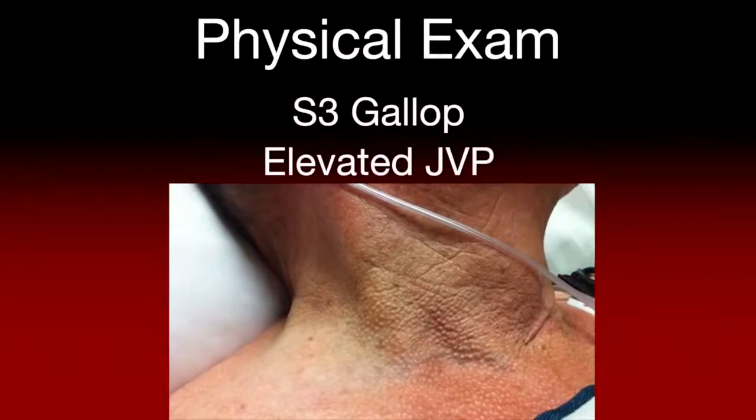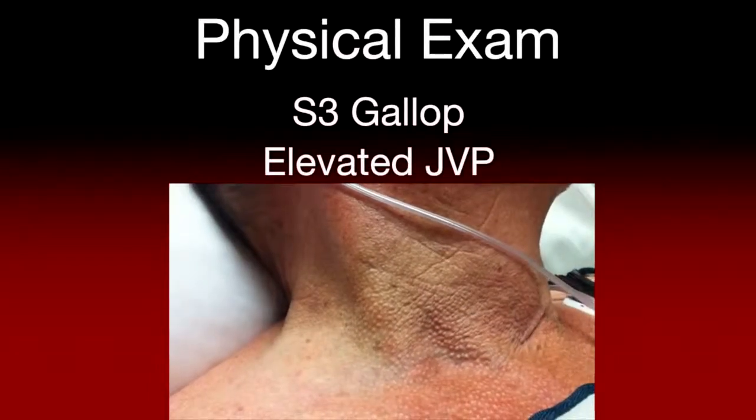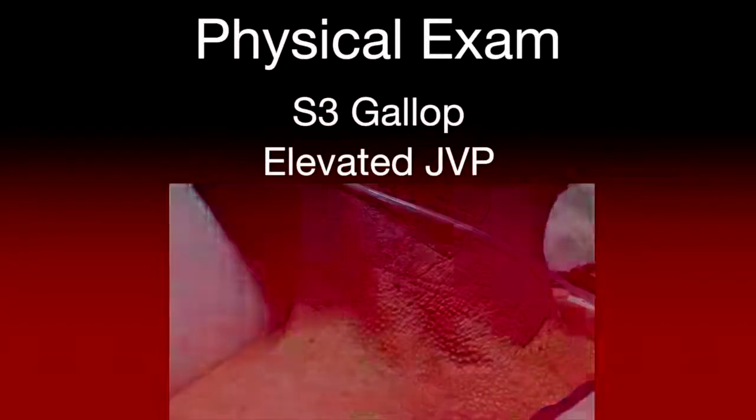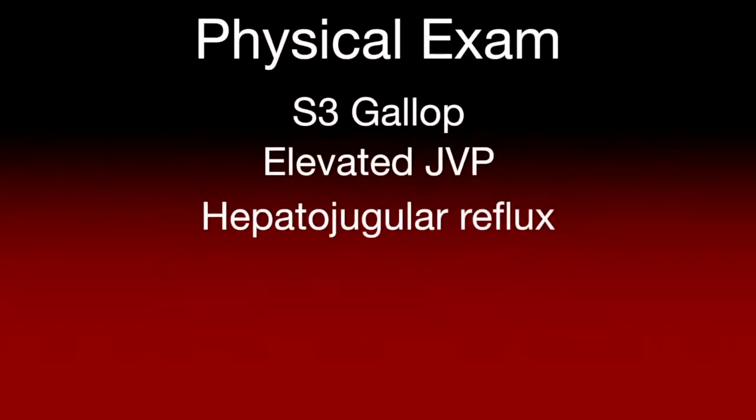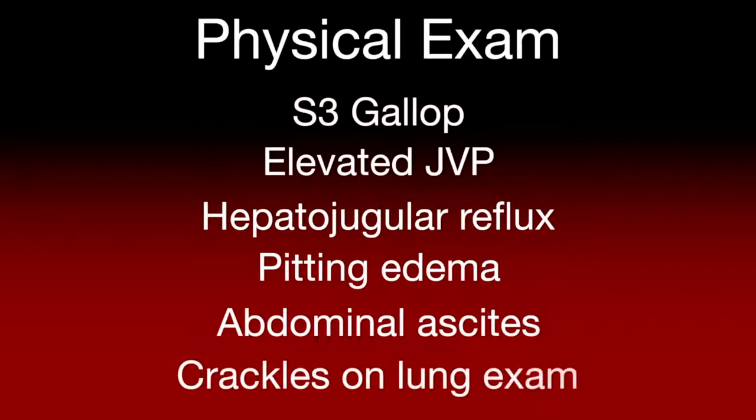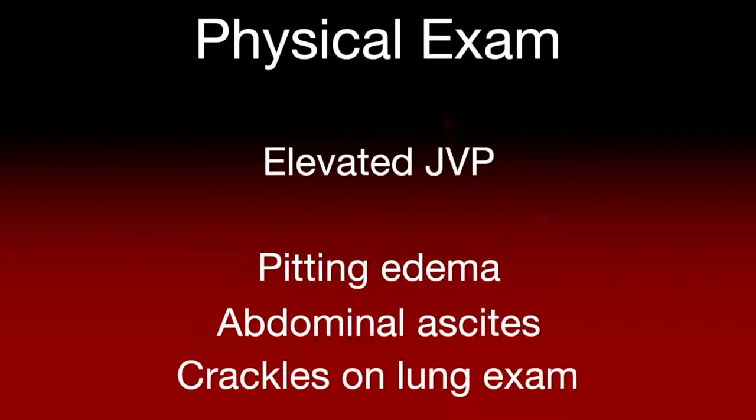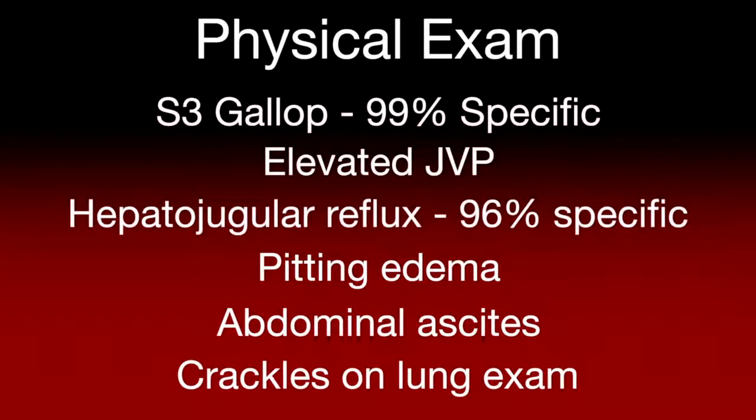Heart failure specific exam findings include an S3 gallop, an elevated jugular venous pressure, hepatojugular reflux, pitting extremity edema, abdominal ascites, and crackles on lung exam. Of these physical findings, an S3 gallop or hepatojugular reflux are both highly specific, as shown.